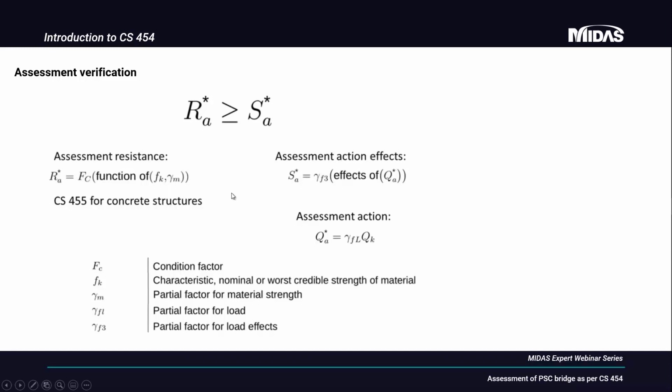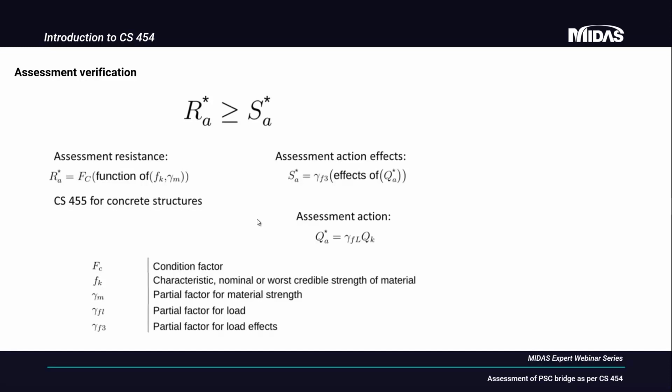Then coming to the assessment action effect. SA star is a function of gamma F3 and effects of QA star, which is the assessment action. So gamma F3 is partial factor for load effects, and assessment action is nothing but gamma FL into QK, and gamma FL is here partial factor for load.